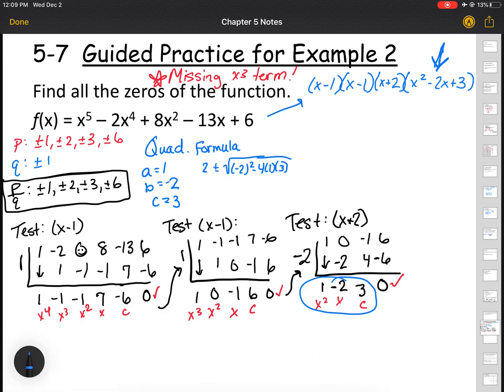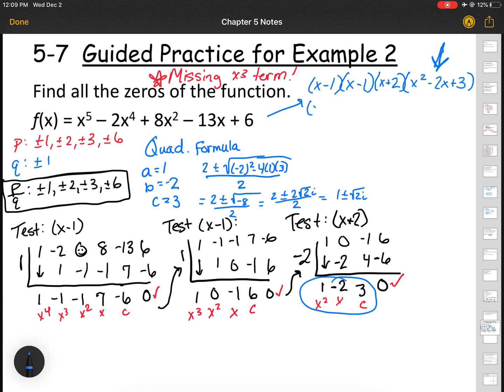All over 2 times 1, which was 2. So now I have 2 plus or minus the square root of negative 2 squared is 4, and 4 times 3 is 12. 4 minus 12 is negative 8, all over 2, which simplifies down to 2 plus or minus 2 root 2i all over 2, which is the same thing as 1 plus or minus root 2i.